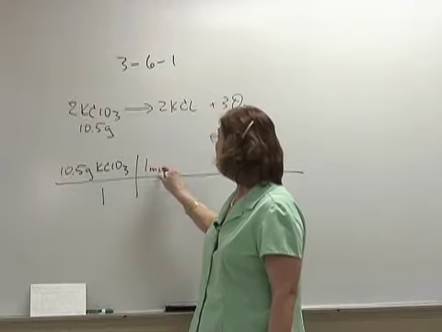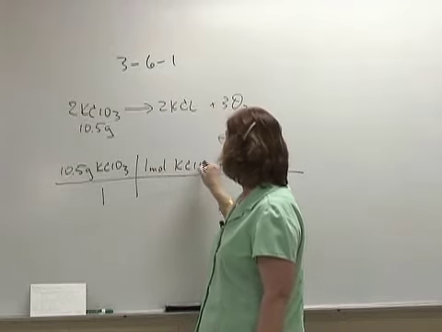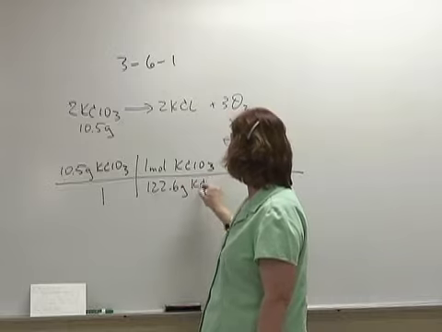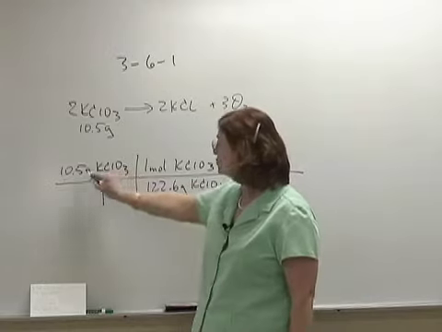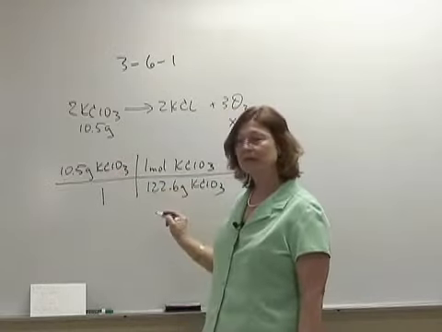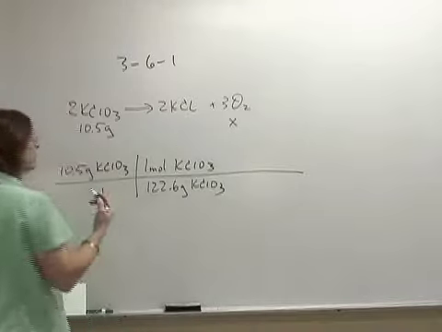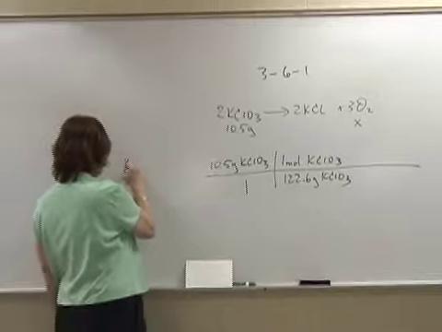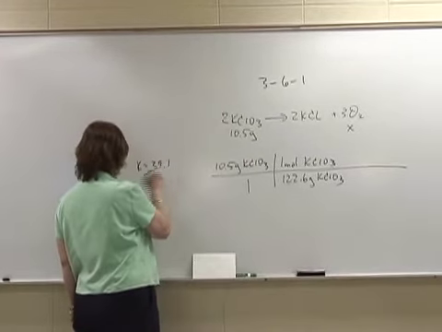And 1 mole of potassium chlorate has a mass of 122.6 grams of potassium chlorate. I need to make sure that my units will cancel. Now let's go over the AMU one more time. We have potassium is equal to 39.1.